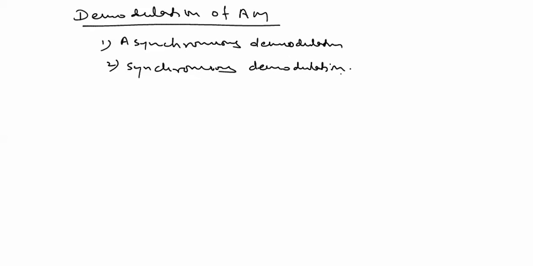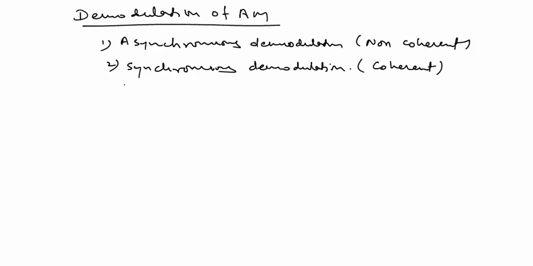Asynchronous means non-coherent. Synchronous means the coherent method, where the demodulator generates a carrier at the local end, at the receiver end. Demodulating without a locally generated carrier is the asynchronous method.